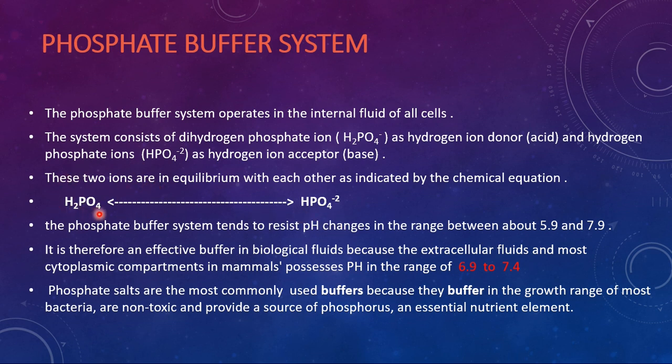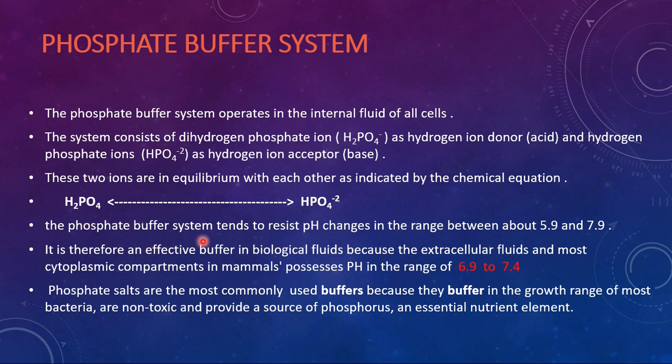H2PO4 minus, the dihydrogen phosphate, acts as a proton donor and becomes the hydrogen ion acceptor, that is, the hydrogen phosphate ion. And if the condition reverses, it is going to take a proton again and become H2PO4 minus. That's how the pH is balanced by this phosphate buffer system.